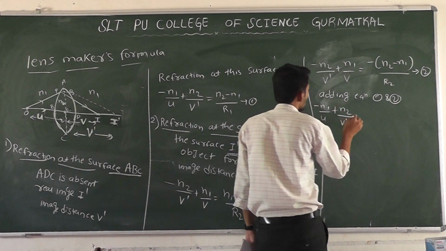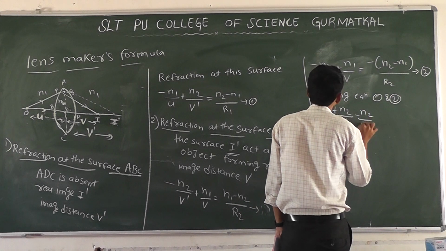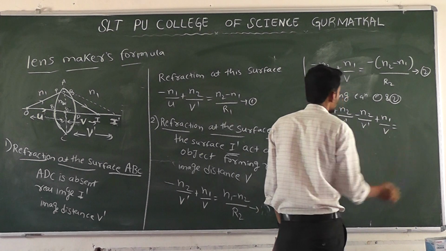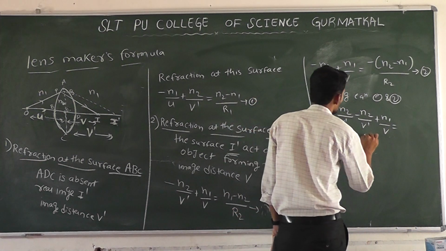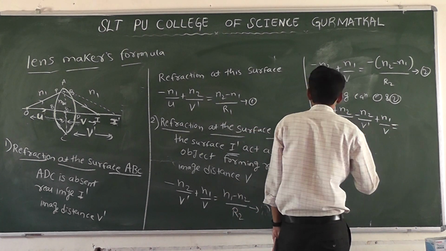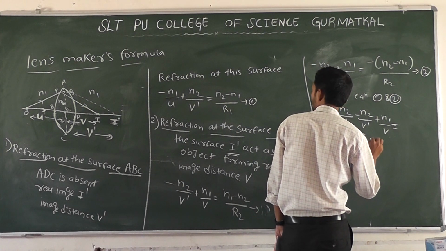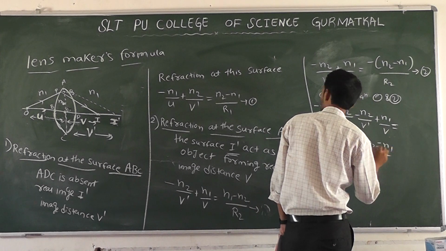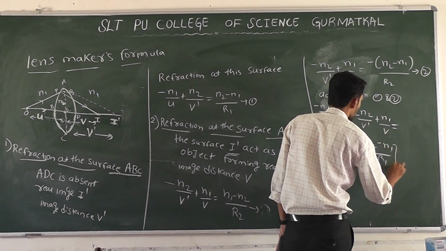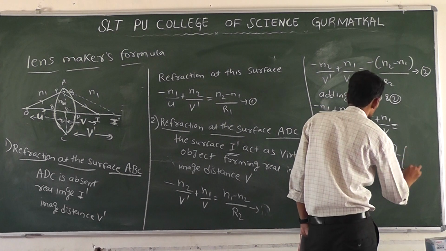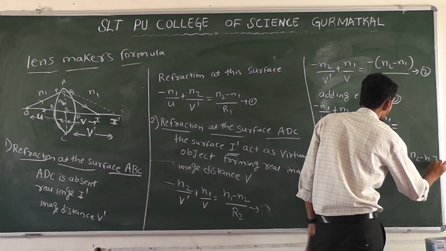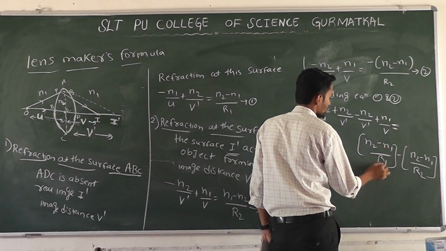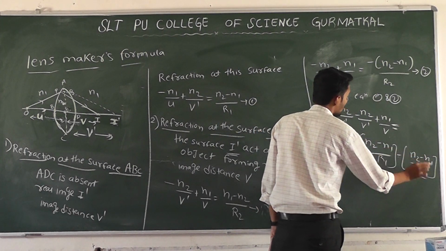Adding means here it is already negative: minus n2 by v dash plus n1 by v is equal to n2 minus n1 by R1 minus n2 minus n1 by R2.